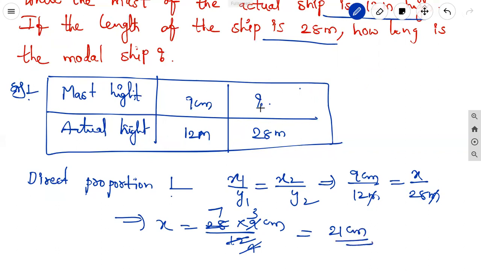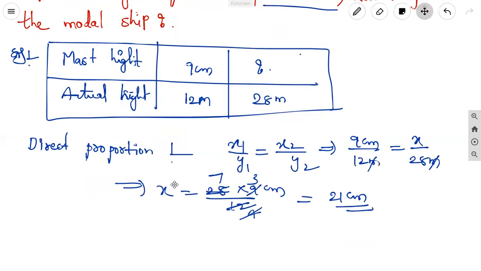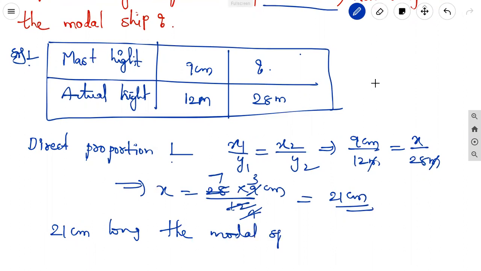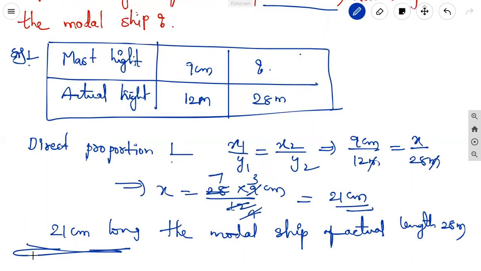So, how long is the model ship? 21 centimeter long the model ship, of actual length 28 meter. This is the answer.